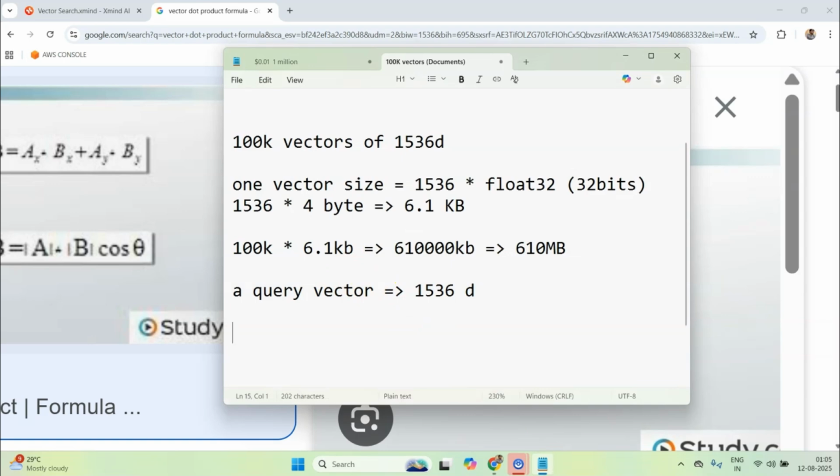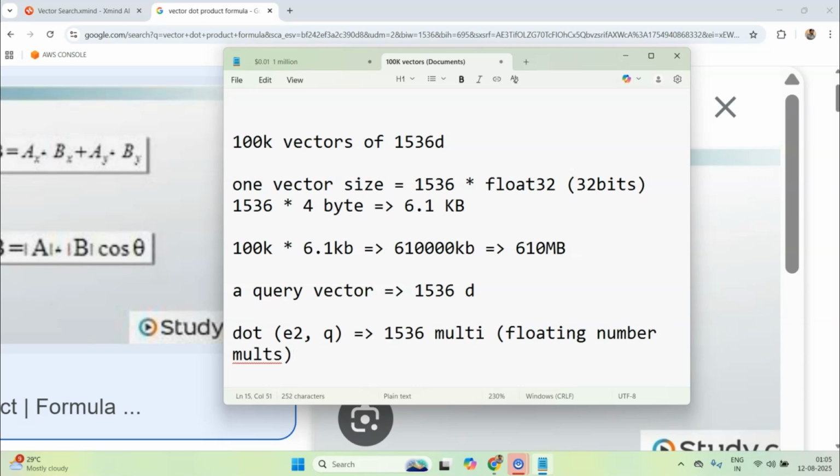So let's say I take one vector from the 100k and compute the dot product between, maybe e2 and q. The dot product between these two vectors would mean that I need to do 1536 multiplications. What multiplications? Floating point operations, floating number multiplications, and then I need to add those numbers.